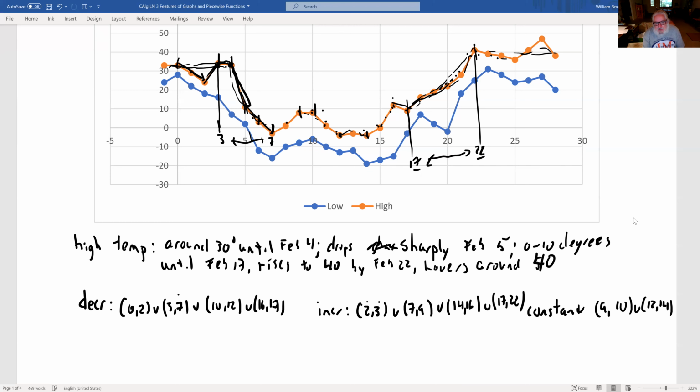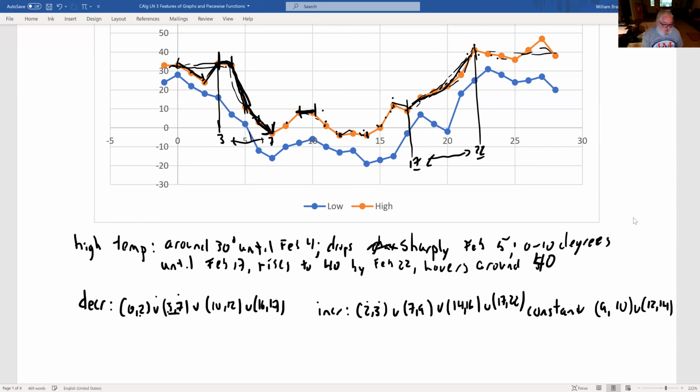From day 17 to day 22, the temperature increased. We read graphs going from left to right. And from day 3 to day 7, that's from here to here, the high temperatures decreased. And we're going to have constant periods like we did here. So interval notation, using a union to join separate intervals.